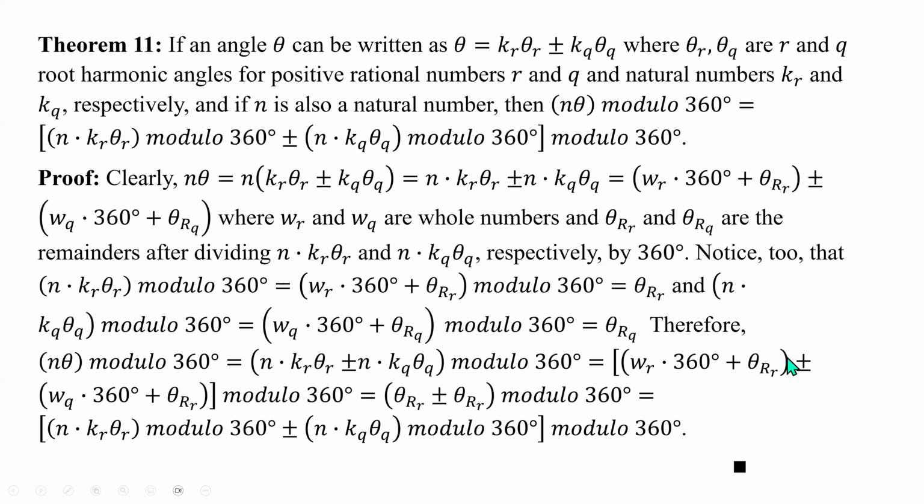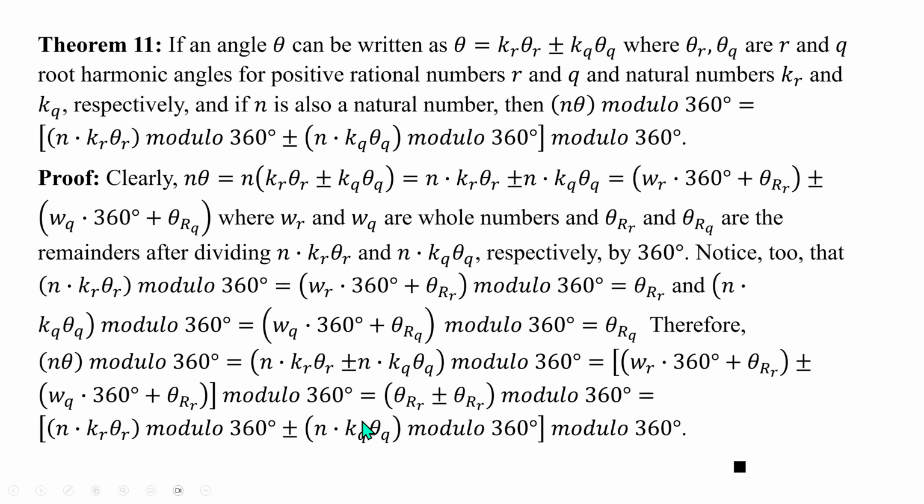And in each of these expressions, you have terms which are whole number multiples of 360 degrees. So when computed modulo 360 degrees, they're going to disappear, and you're just left with the sum or difference of those two remainder terms, modulo 360 degrees.